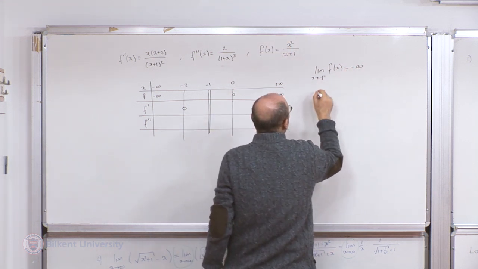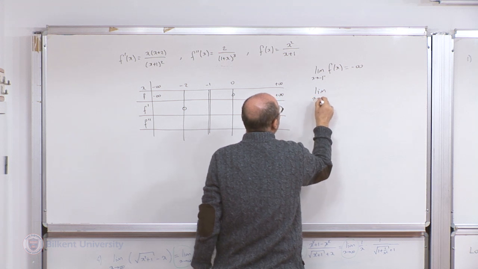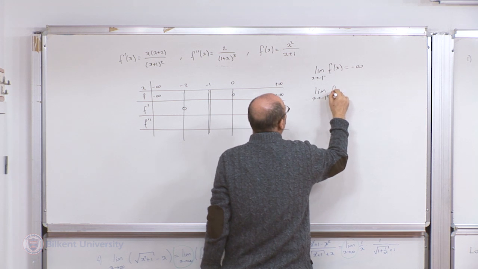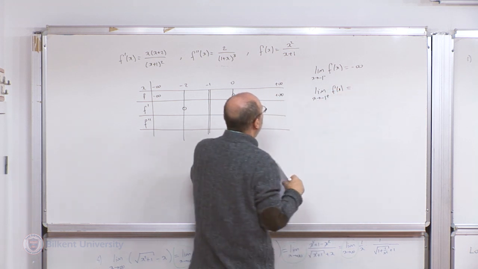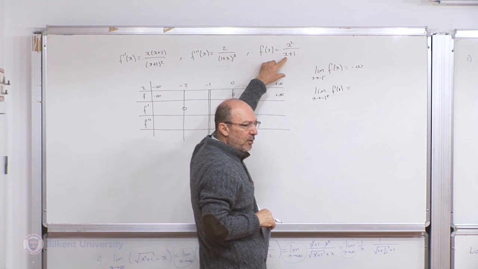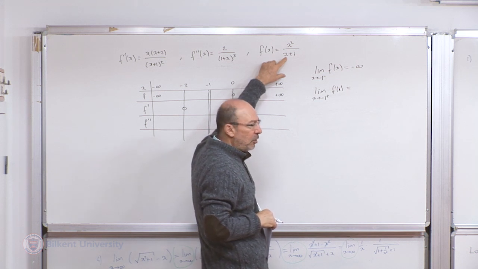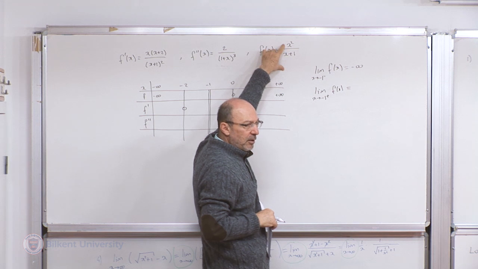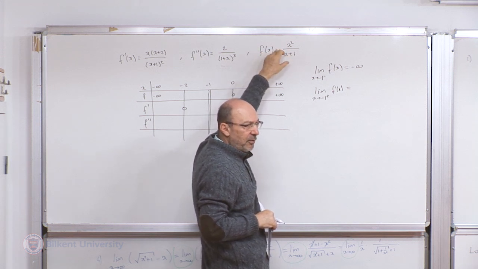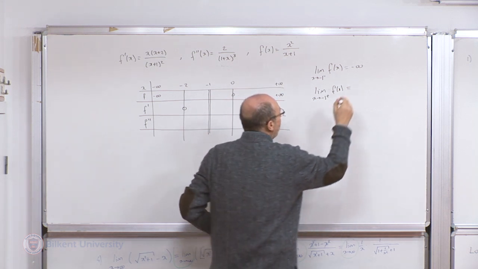Minus infinity. And you look at the limit as x goes to minus 1 from above of f of x. The same argument this time. x is larger than minus 1, so x plus 1 is positive, but going to 0. The numerator is always positive, and it's not going to 0. So this thing is becoming infinite, and the sign is plus.